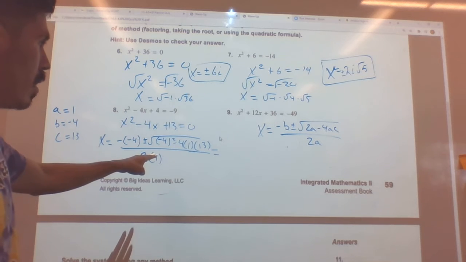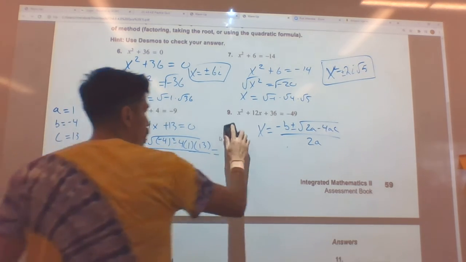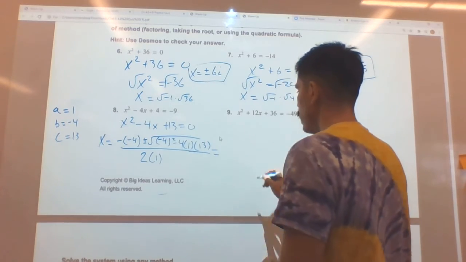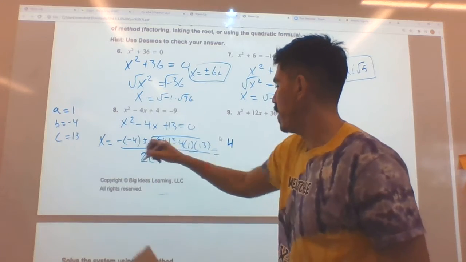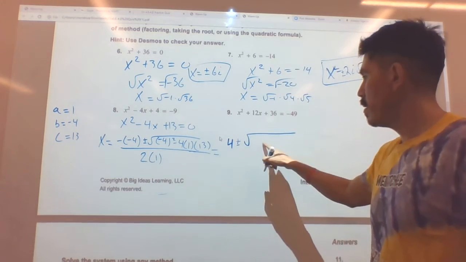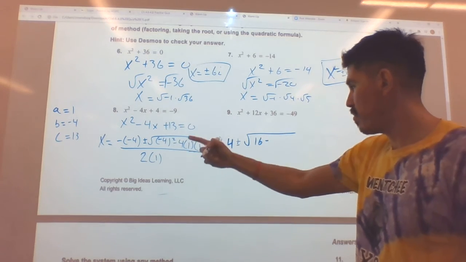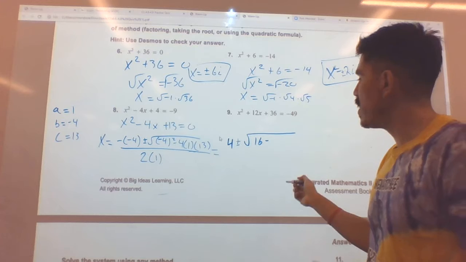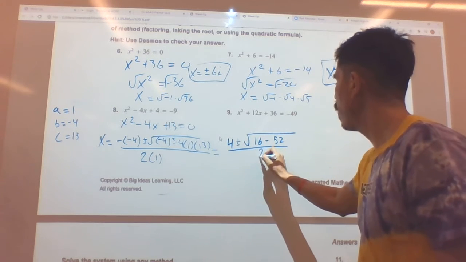Now, let's see if we can simplify this. So we have 4 on the outside, right? Because negative times negative is positive 4, plus or minus the square root of 16 minus 4. -4 times 1 is -4, -4 times 13 is going to be 52. So we have -52, all divided by 2.